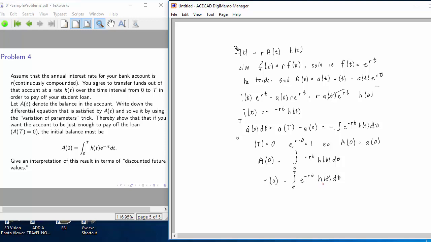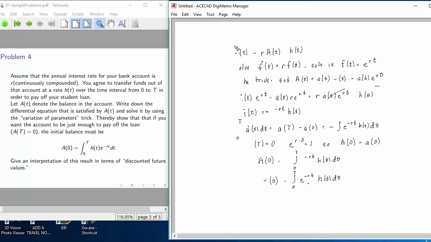A payment of h in future money has to be discounted by a factor of e to the minus rt. One way of thinking of this, I could just take the money that's in my bank account today and use it to pay off the loan, or I could let it draw interest, increasing by a factor e to the rt, and then make that enlarged payment in the future.